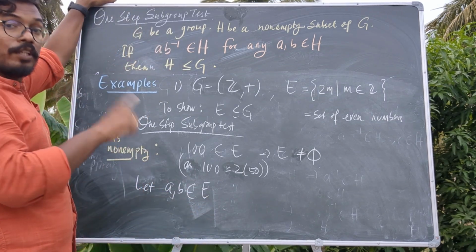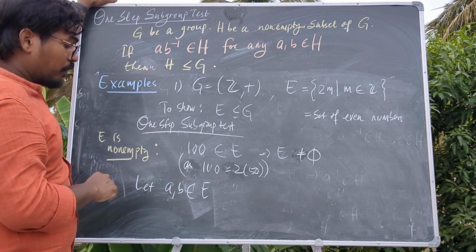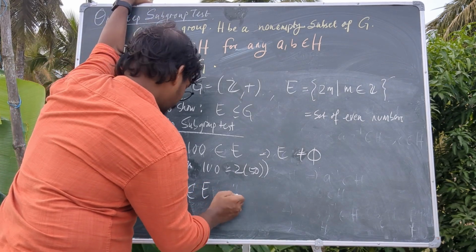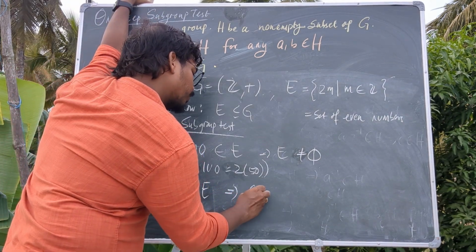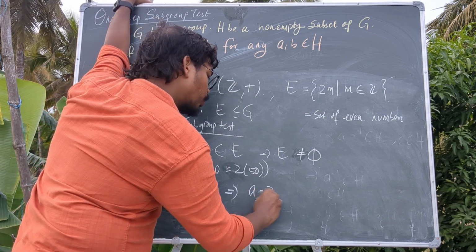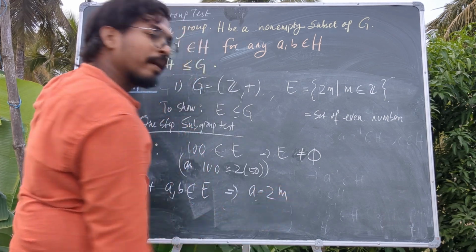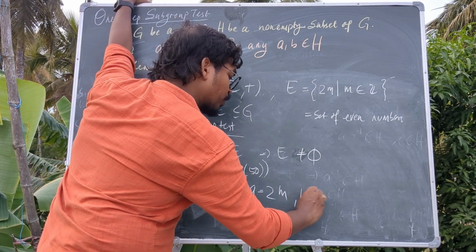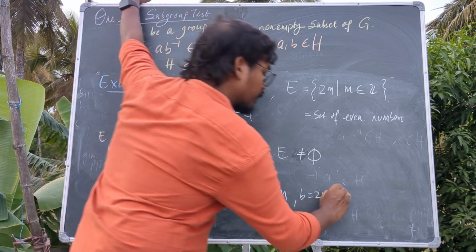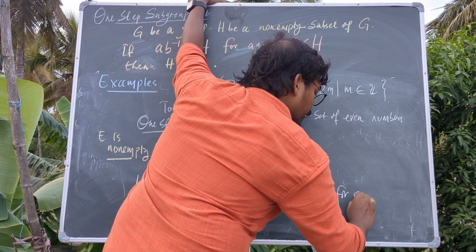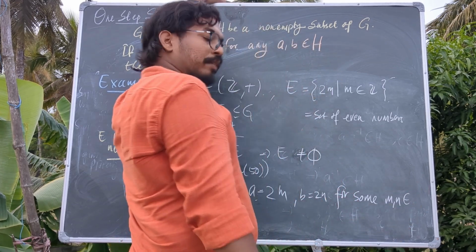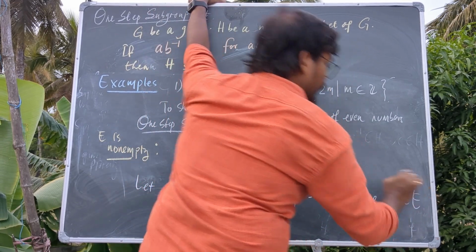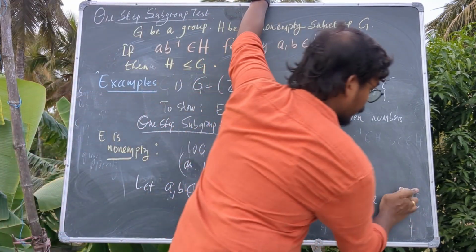By the property of set E, a equals 2 times some m, and b equals 2 times some n, for some m, n belonging to the set of integers.